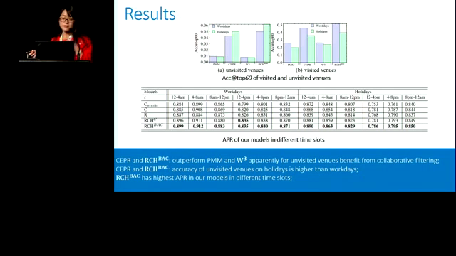And another interesting finding is that the accuracy on unvisited venues of CEPR and RCH-BAC is higher on holidays than workdays. It might be because human movements to new places are more alike to each other on holidays than workdays. Last, RCH-BAC has the highest APR among our models in different time slots.